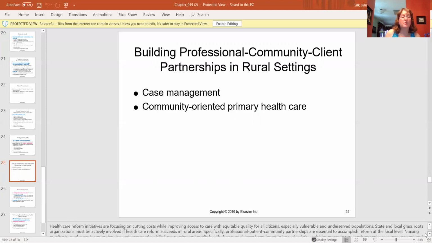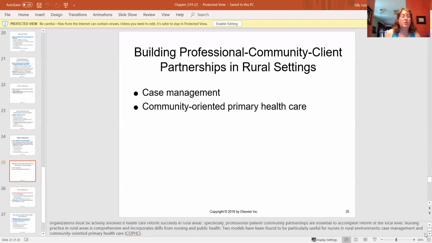State and local grassroots organizations must be actively involved if healthcare reform succeeds in rural areas. Specifically, professional patient community partnerships are essential to accomplish reform at the local level. Nursing practice in rural areas is comprehensive and incorporates skills from nursing and public health. Two models have been found to be particularly useful for nurses in rural environments: case management and community-oriented primary health care.